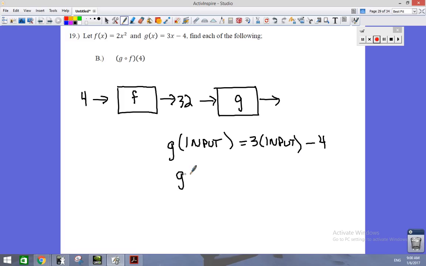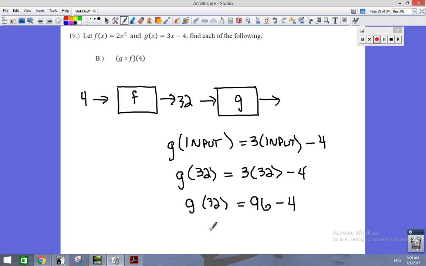So if we're giving it 32, then it's going to multiply 32 by 3, and I think that's 96, and then subtract 4. And that's 92. So you're inputting 4 into this composite function, and the output is 92.